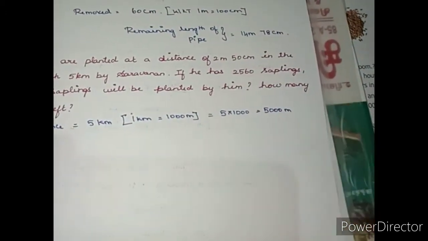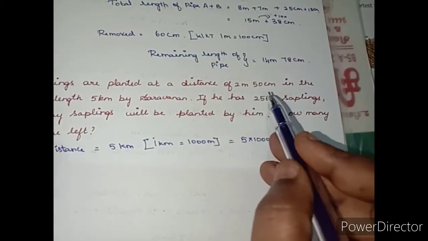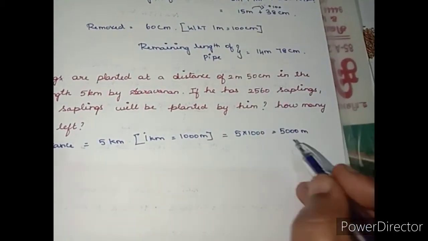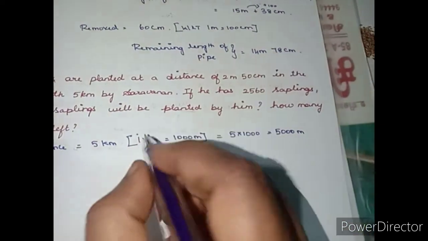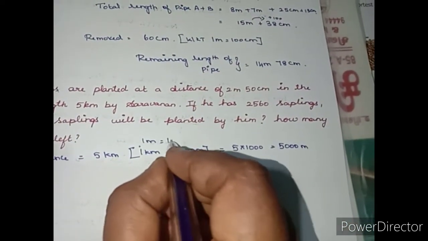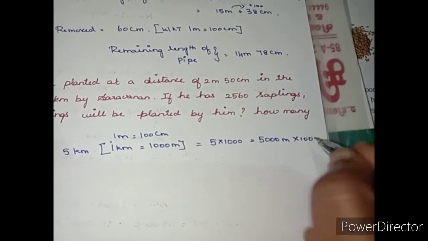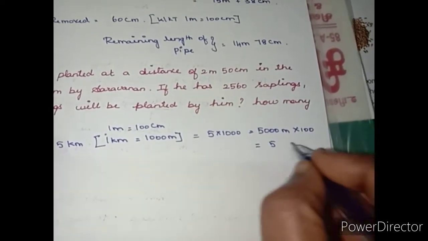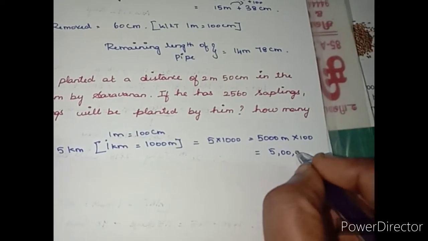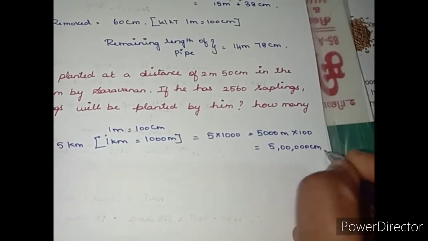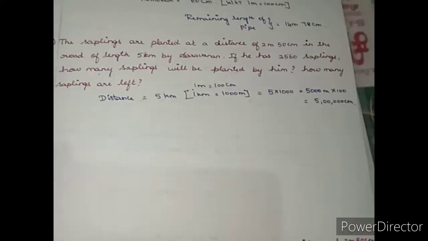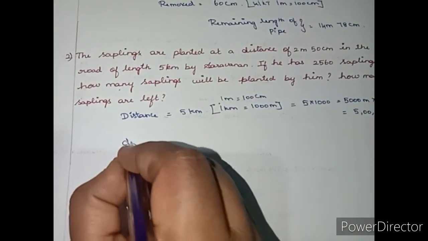Now we are going to convert into centimeter because it is given in centimeter. We know 1 meter is equal to 100 centimeter. So 5000 into 100, it is 5 lakh centimeter.